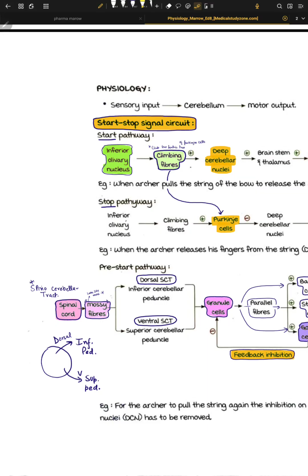You wouldn't be able to calculate the distance, and you would probably push your hand a little away from the pen, or a little short of the pen. I don't know how it would be, but you wouldn't be able to calculate the balance between the motion. So this is the stop pathway.